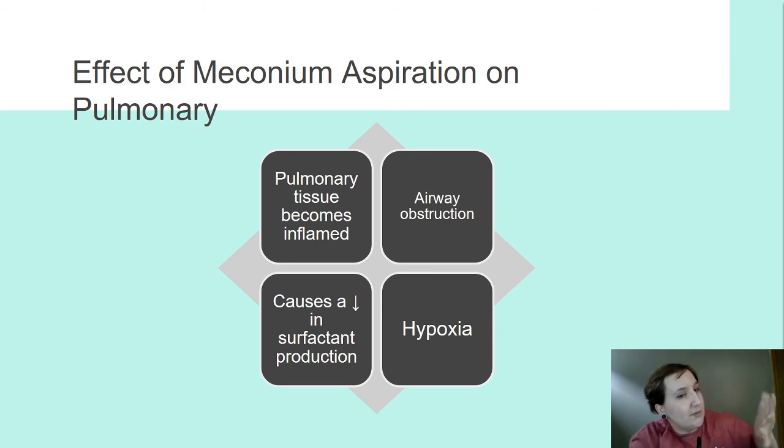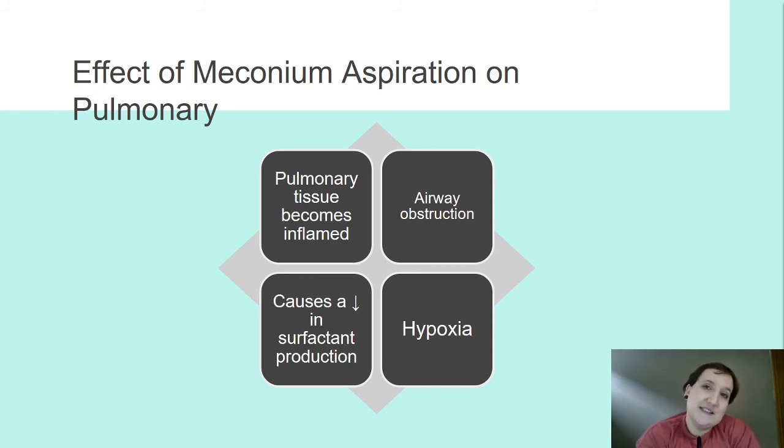You take another wipe and a smidge comes off, and pretty soon you're just trying to be as careful and as gentle as you can to get this meconium off. It's super sticky. It obstructs that airway. Airway obstruction leads to hypoxia.